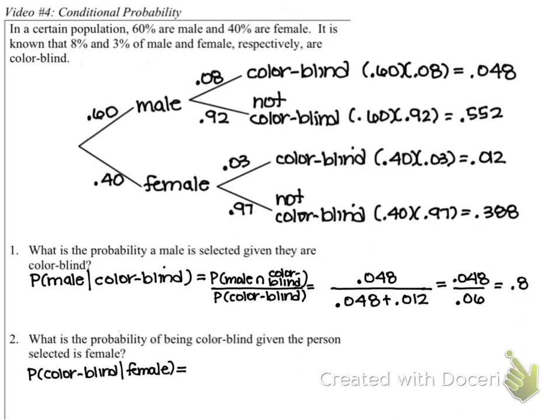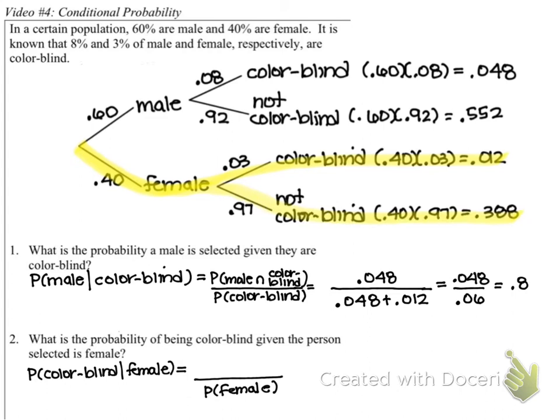We're now only thinking about our subpopulation of female. So the probability of female is the conditional part, what we know has already happened, the given portion. I'll go through and find all the branches that represent female, all of them.